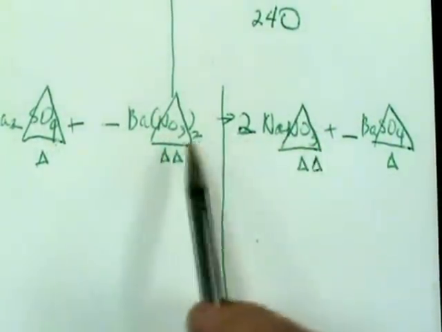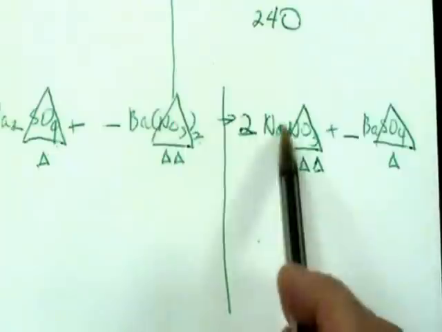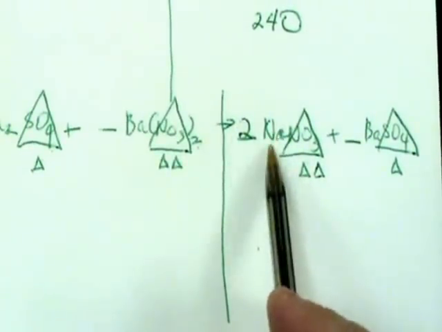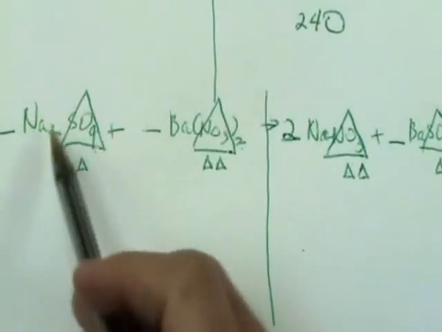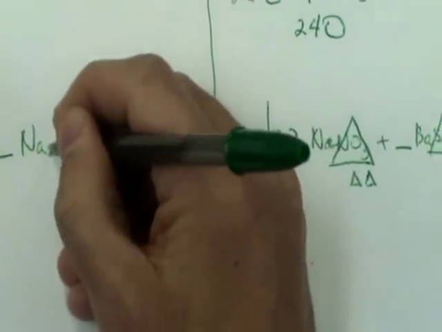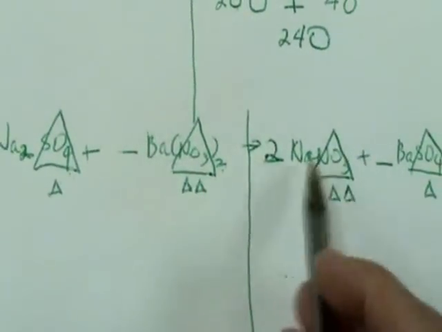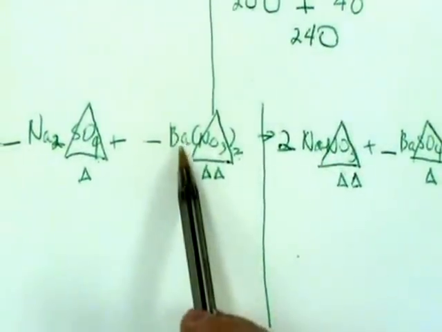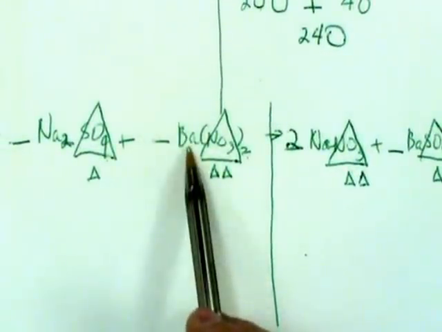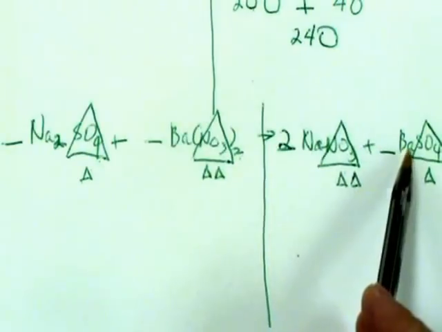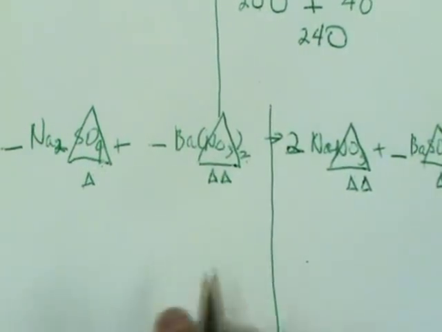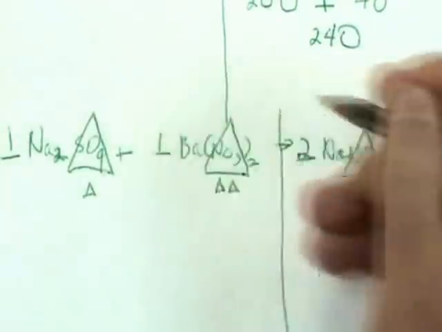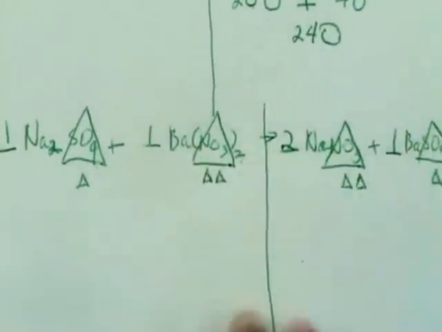Now NO3 is balanced, so now we're going to worry about our metals. We have 2 sodiums here, we have 2 over here, right? So our sodium is balanced. We have barium here, which is a 1, and we have a 1. So you see how easy that was. We've balanced everything here. So that's 1, 1, 2, 1.